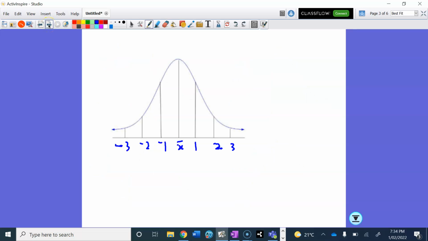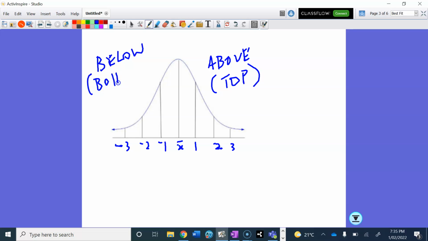In terms of the normal graph, normally we say this part of the graph is above average, or the top part of the group, and this part of the graph is below average, the bottom part of the group.